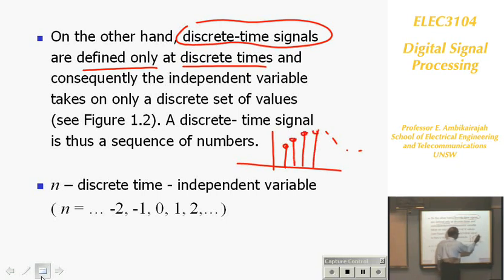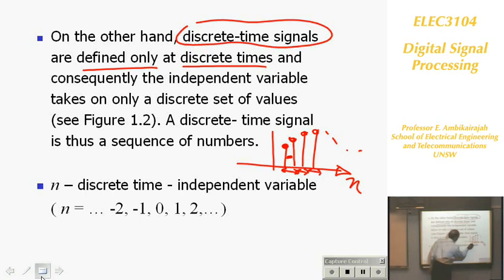This is n, and the distance between these are normally equal. And we don't know what value is in between. But we know a value at that point and that point, not in between. So that type of signal representation is called discrete time signal.